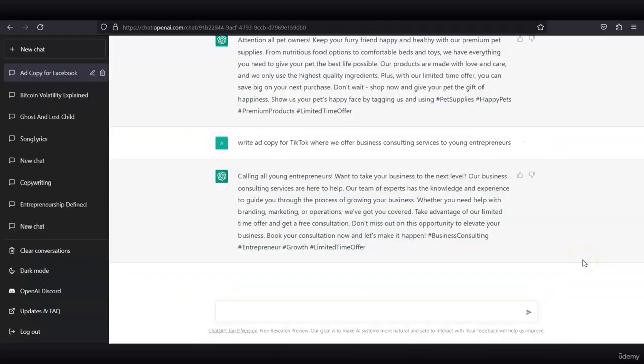One thing I want to add as a bonus tip, and a way to really distinguish your service offer, is to offer this ad copy writing service in different languages. If you write one ad copy for Facebook, TikTok, or Instagram, you can always ask ChatGPT to write the same ad copy in a different language.